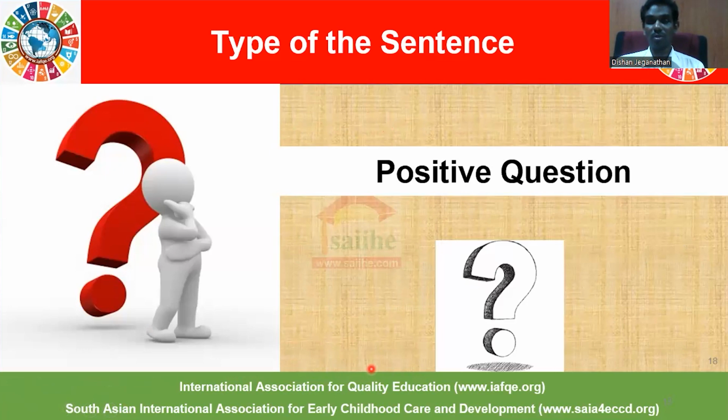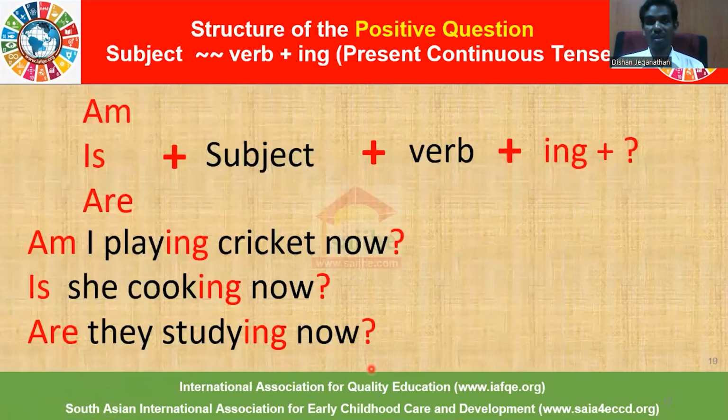Now we'll move to questions. And first of all, let's look at positive questions. Am, is, are. The questions begin with am or is or are, followed by the subject plus verb plus ing.